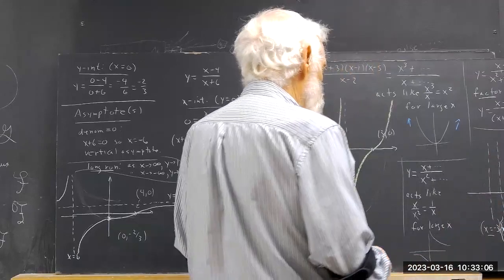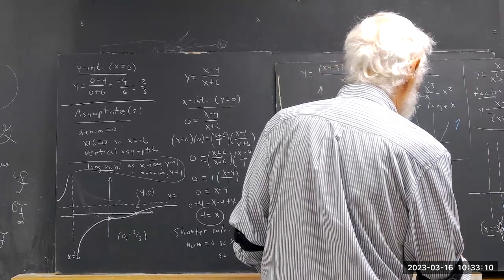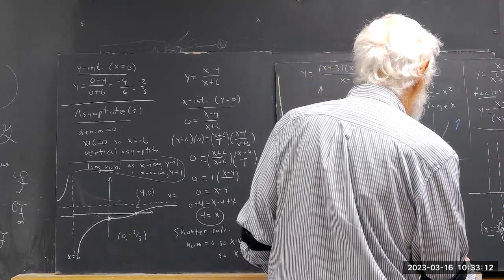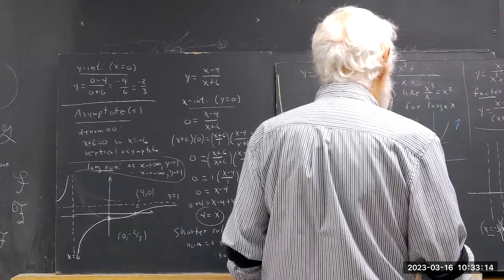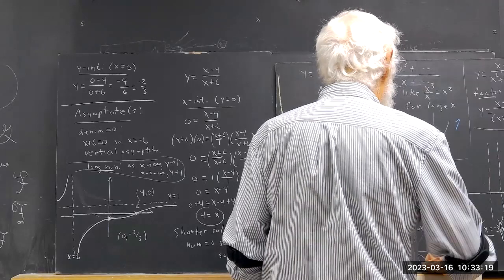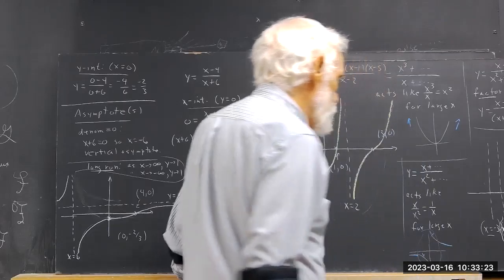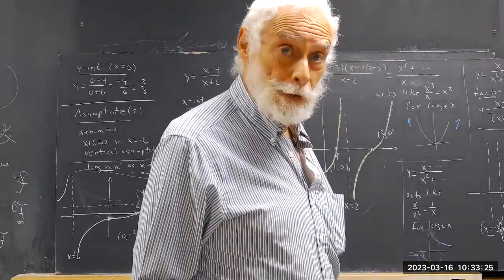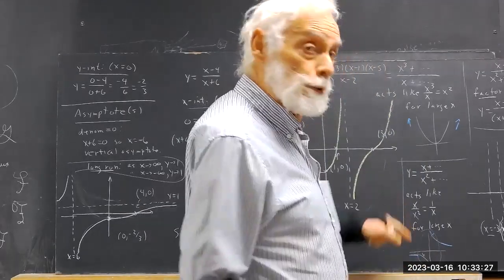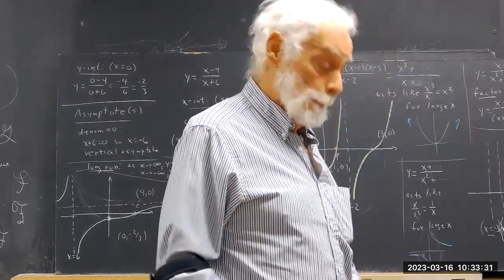So what we really have is this part of the function, and we discard everything that doesn't happen for large x. For small x, it has to do the stuff that it has to do here.